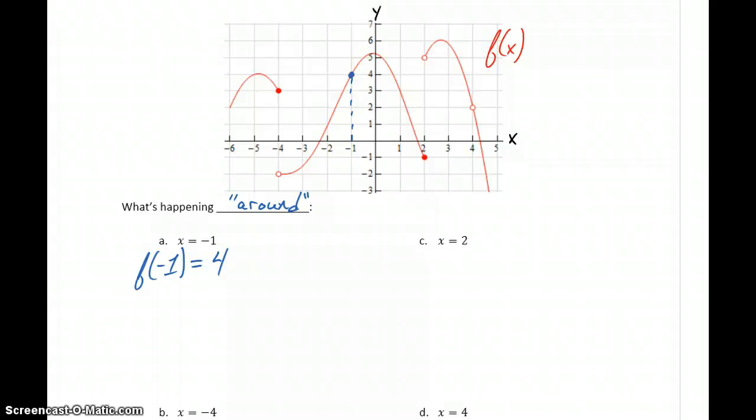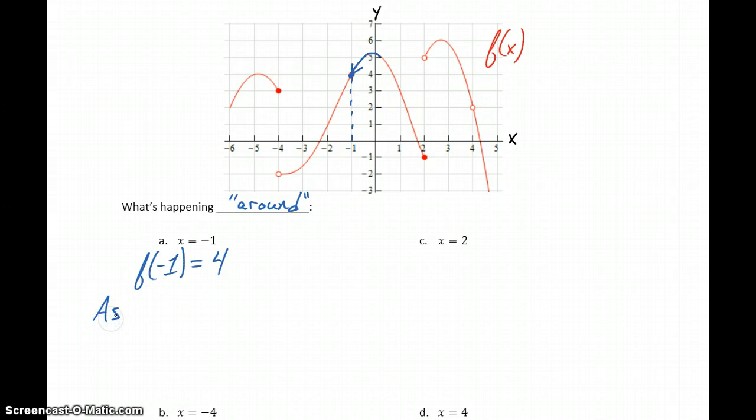Now what we want to talk about, which is a little bit new, is the idea of what's happening as we approach that value x equals -1 from the left and right-hand side. So as we approach from the right-hand side, we can trace along this graph. So as that x value decreases to -1, what's happening is we're getting closer and closer and closer to that function value of 4.